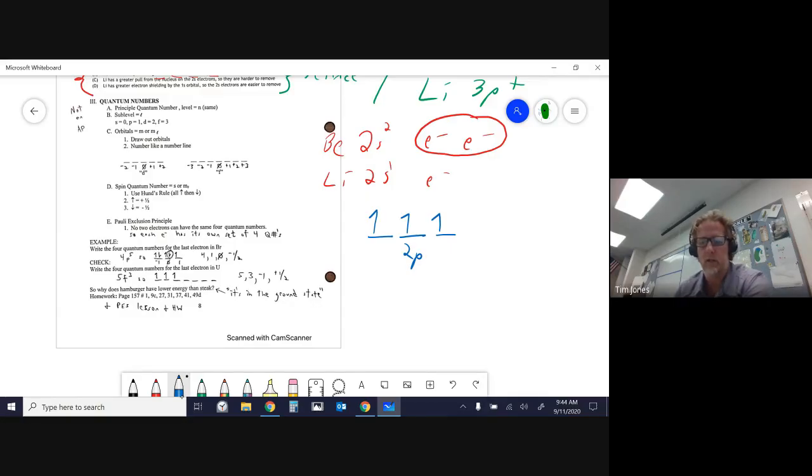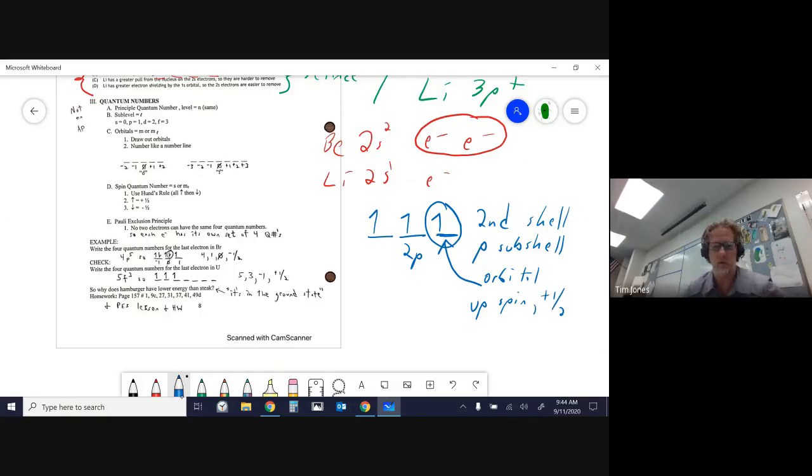What you could say is that this electron right here is in the second shell, in a p subshell, in that orbital, meaning the line right here, and that it has an up spin, or you might have learned last year that it's called positive 1/2.